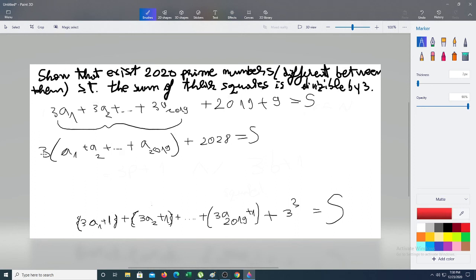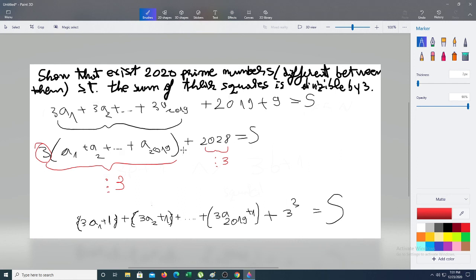Okay, this whole term, not factor, is a multiple of 3 because here we have the 3 and this 2028 also is divisible by 3 because 2 plus 0 plus 2 plus 8, the sum of the digits, 12, is divisible by 3.